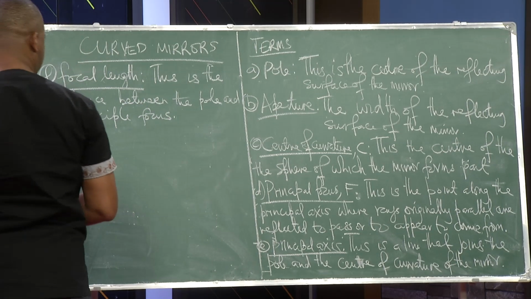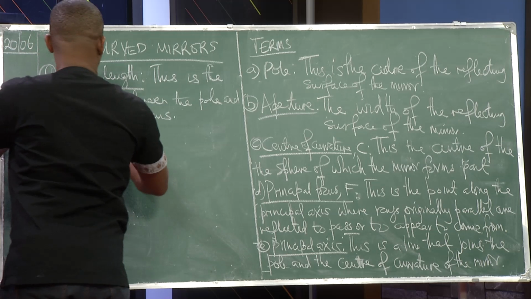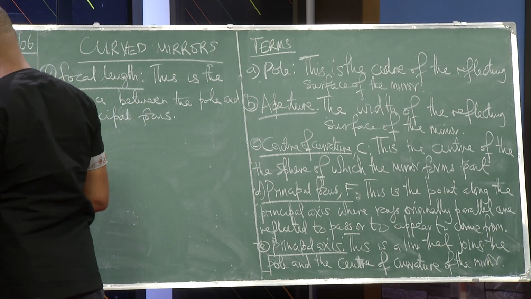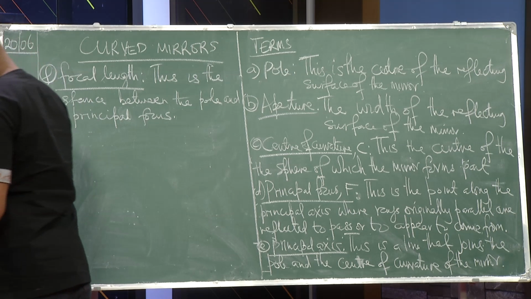The distance between the pole and the principal focus, that is the focal length.